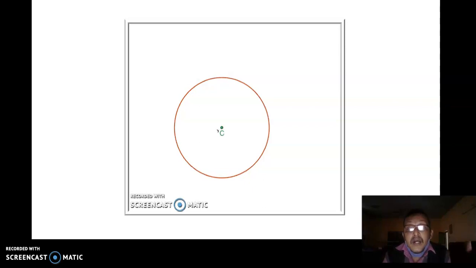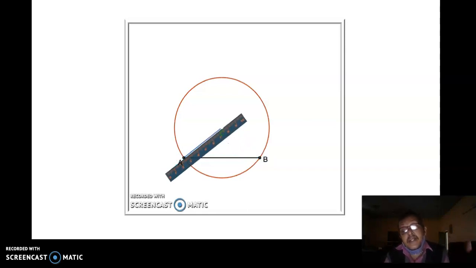Now consider any point on the circumference of the circle. Let it be A. Now from A, by using the compass, take 6 centimeter radius and cut at B. So that is B. So join AB. Similarly join the radii AC and BC.